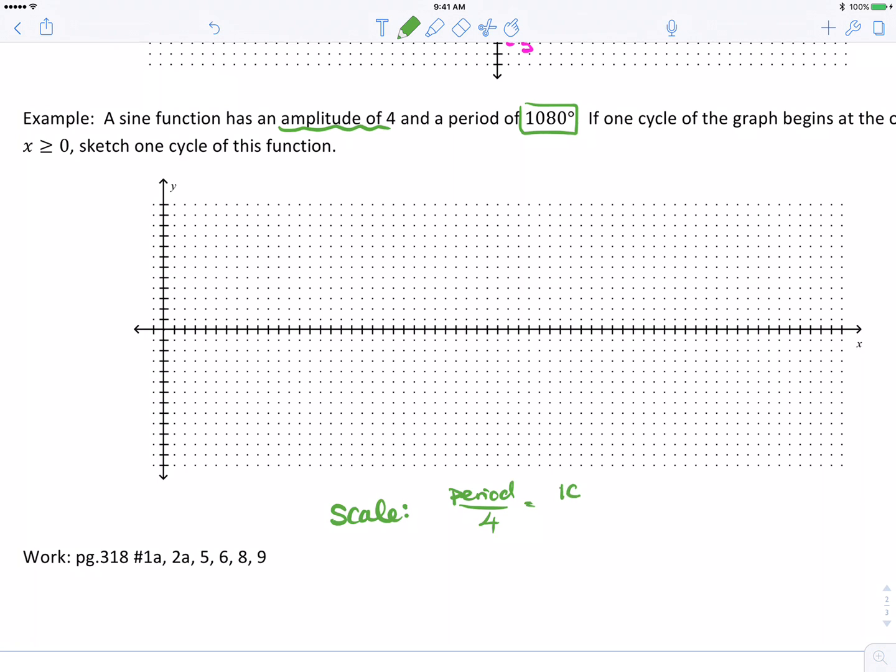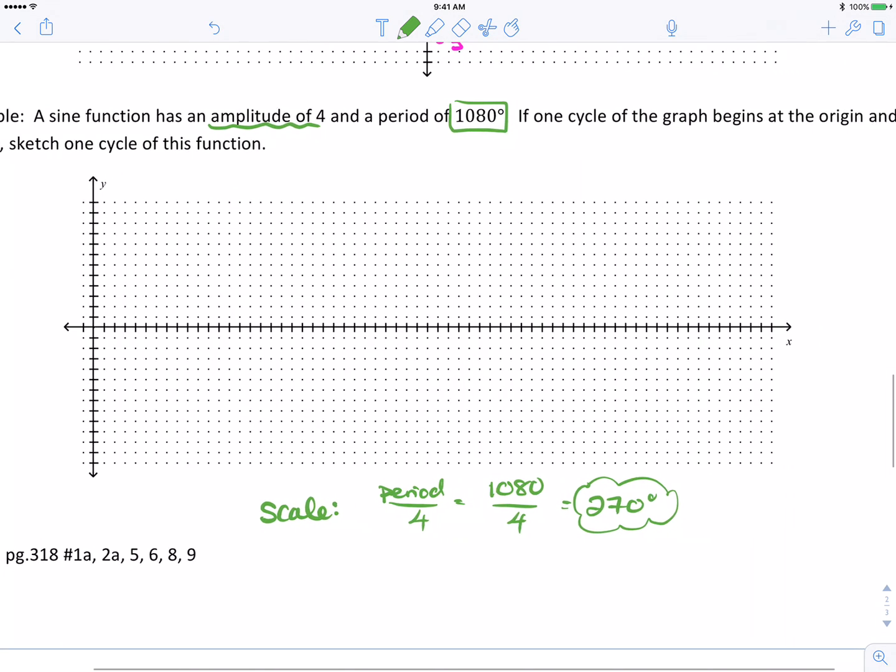So 1080 divided by 4 to give me my scale overall of 270. So that's the scale that I'm looking for. Every 270 degrees, that's the first part from middle to top or top to bottom.